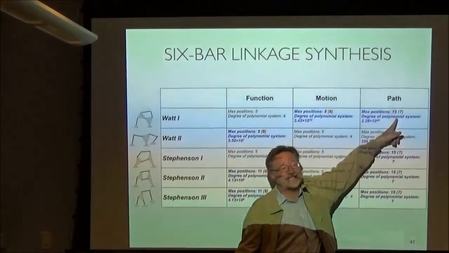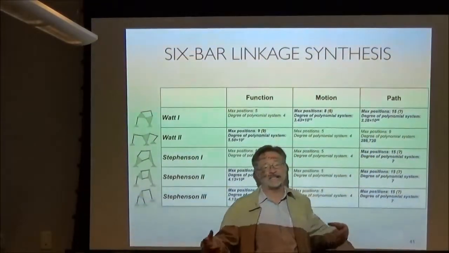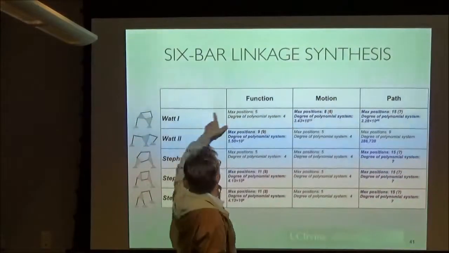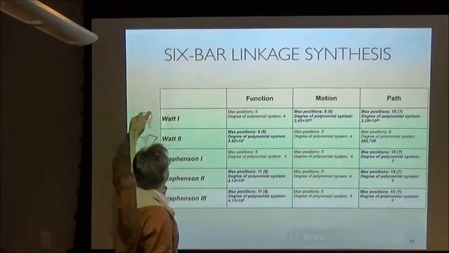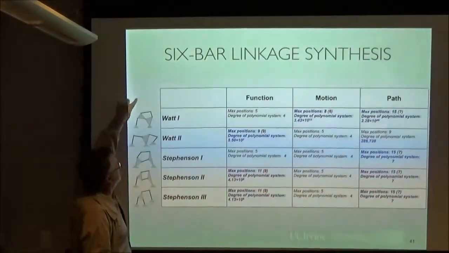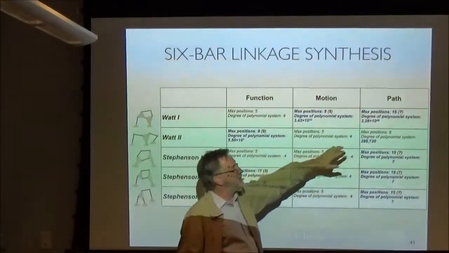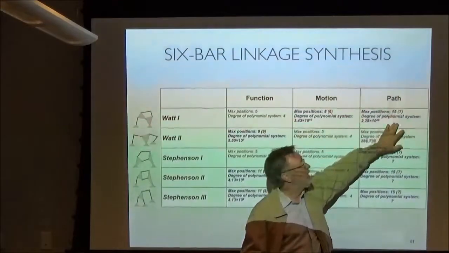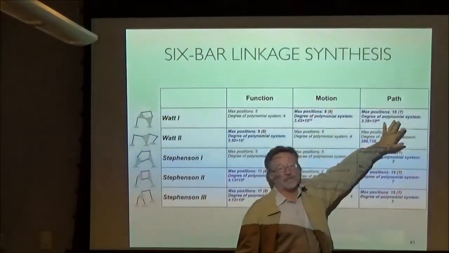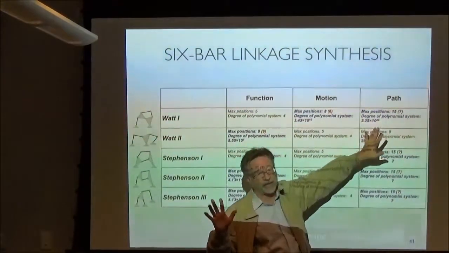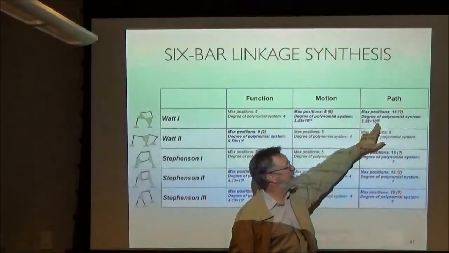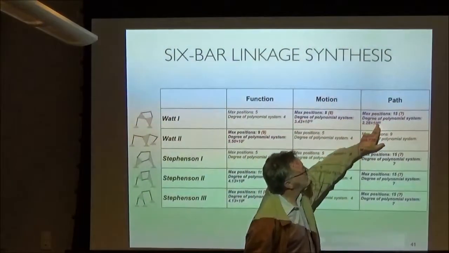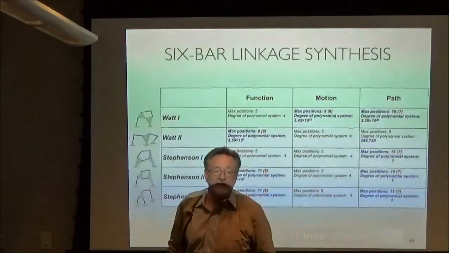The general path synthesis problem for a Watt I linkage, which means I'm tracing a path out on this link somewhere, has a maximum of 15 positions. In the plane, for the 4-bar linkage, it's 9. And the degree of the polynomial system, I'll grant you it's not the most optimal polynomial system, can anybody read that? 10 to the 46th.